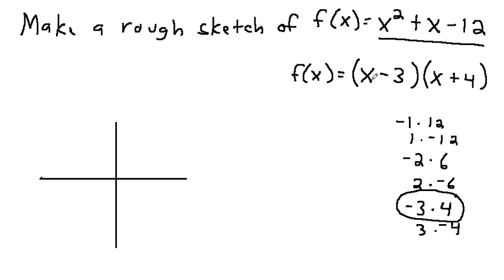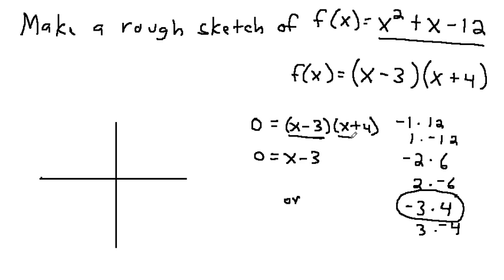We should now be able to figure out what the x-intercepts, or the zeros of this function, are because of the zero product property, which says that if you have a product that equals 0, either the first part of the product, which is x minus 3, equals 0, or the second part of the product, which is x plus 4, must equal 0.